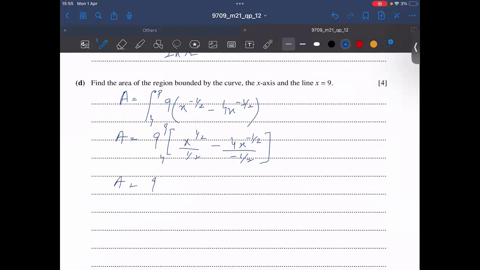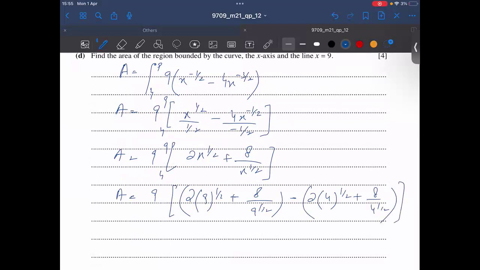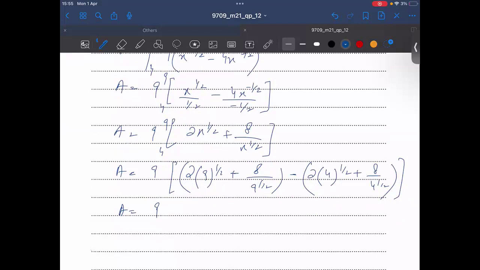So it's going to be 2x to the power of half plus 8 over x to the power of half. Three to the 6 plus 8 over 3.